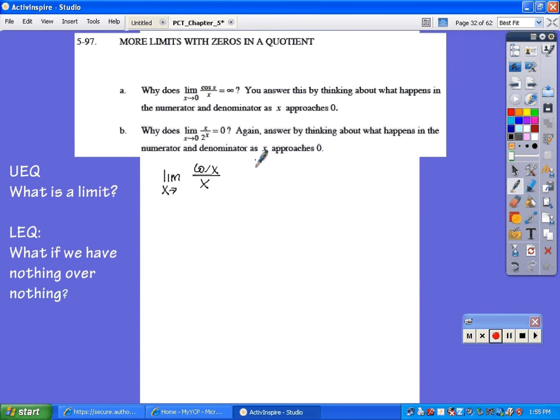So again, if I take the same approach, the limit as x goes to 0 of cosine of x, what's that going to equal versus the limit as x approaches 0 of x? What do I get for each of them? Well, for cosine of x, as x goes to 0, think about what the graph of cosine looks like.